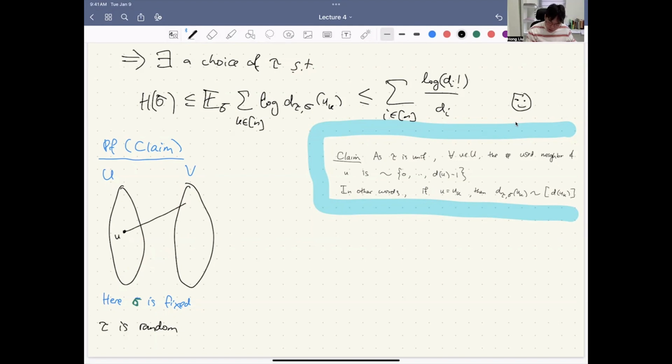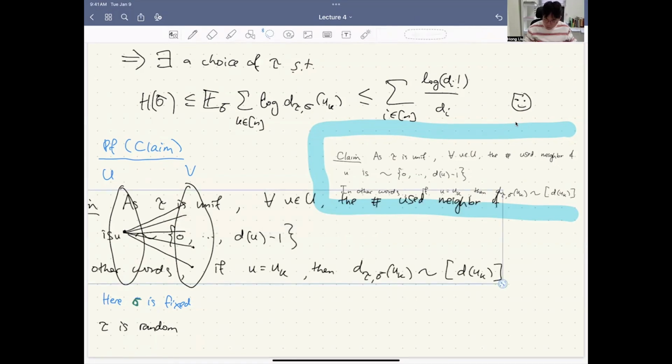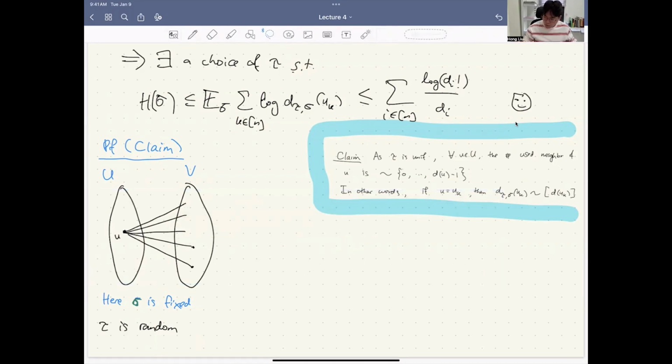We just first look at all neighbors of U. It has dU neighbors. Each one of these neighbors, since sigma is known, we know where it is mapped to in this perfect matching.